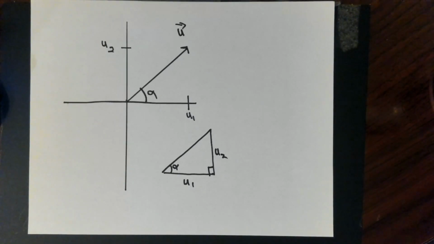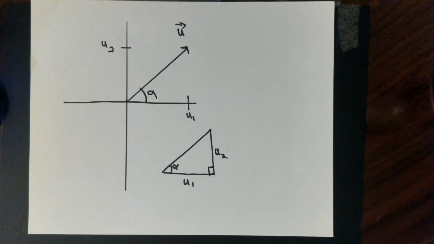I typically draw my triangles and vectors as though they point off into the first quadrant. That's just for convenience sake. The same kind of ideas will work even if that's not so.